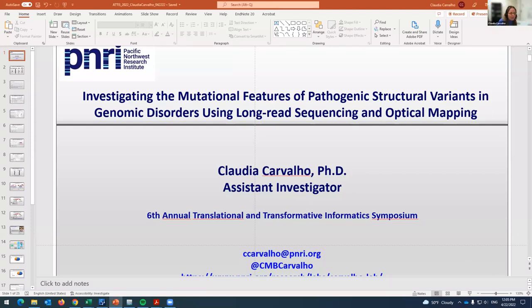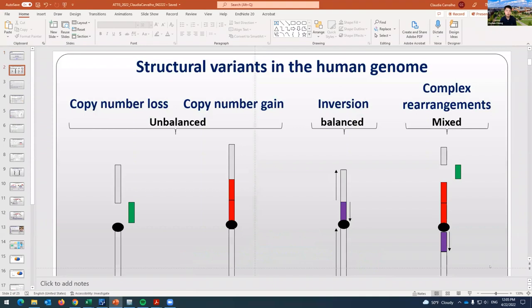So my lab studies structural variation in the human genome, in the different types: copy number gains, copy number losses, inversions, and complex rearrangements, which can be a mix of duplications, deletions, and inversions. They are very challenging to detect and study, depending on the technology we are using.